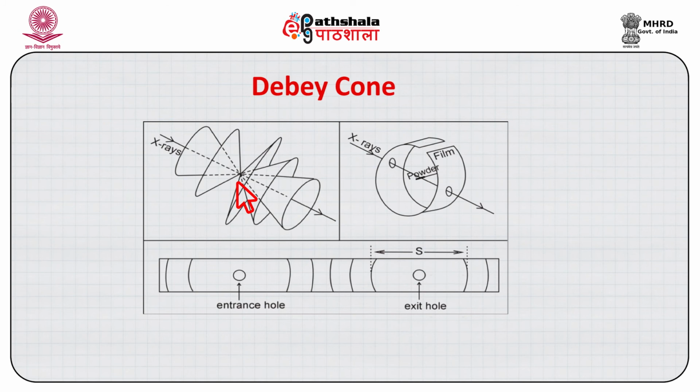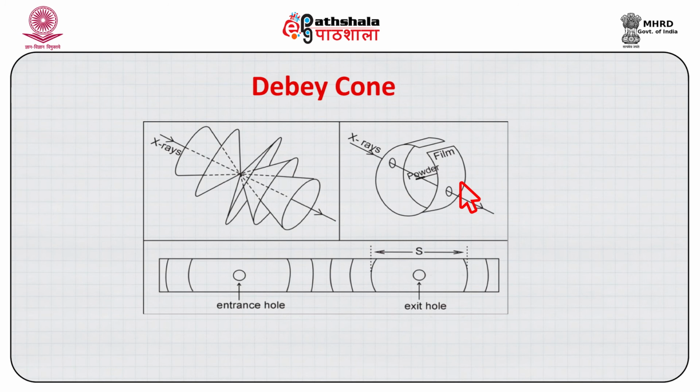Now, this cone will satisfy the Bragg's equation, and this is known as Debye cone. And if, as it used to be there in earlier time, we were putting a film around this, we will be recording the Debye cone as lines along this.